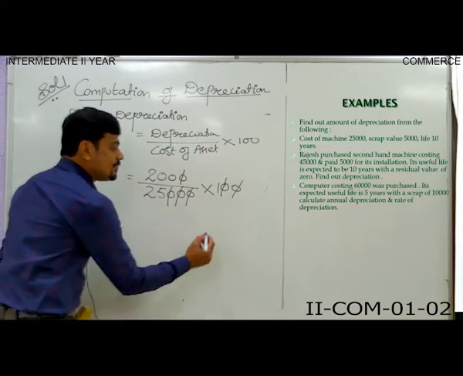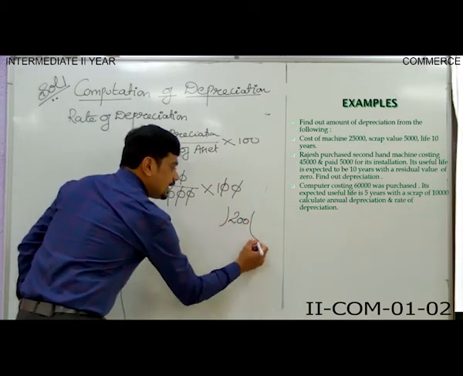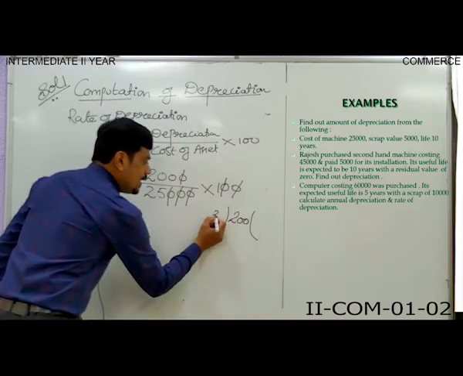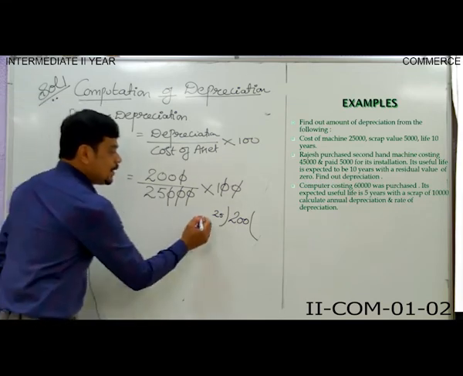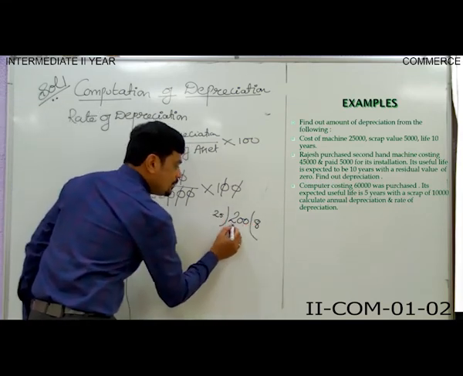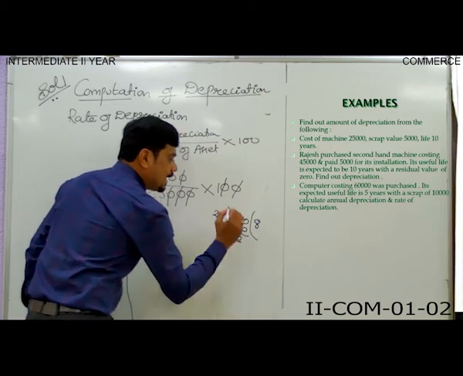If you feel difficulty, just do the division in the rough work, like 200 divided by 25. How many times does 25 go into 200? 25 8s are 200. 200 minus 200, the remainder became 0.